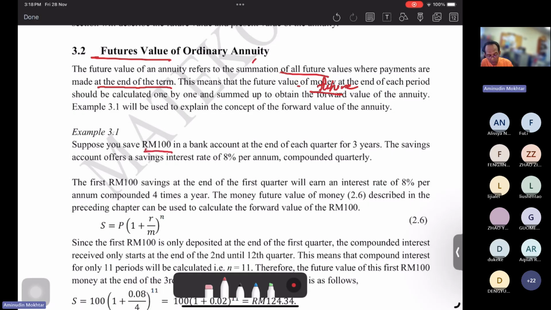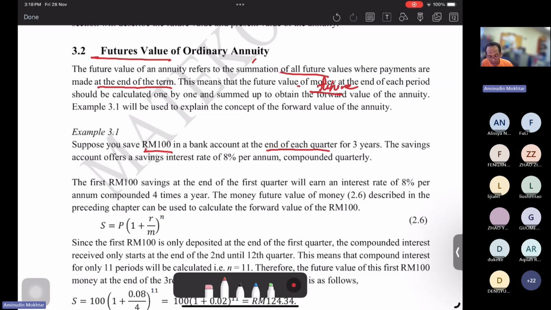You wish to save, to deposit your money at the end of each quarter. You are planning to save 100 ringgit in a bank account at the end of each quarter: end of March, end of June, end of September, and end of December.